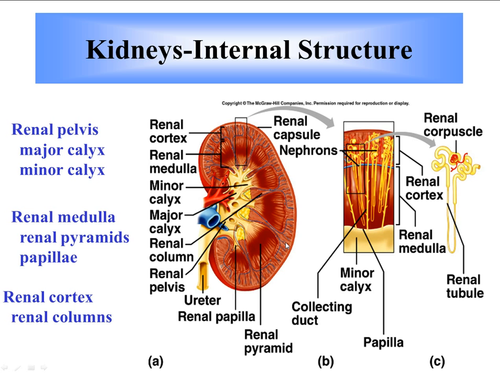Now the cortex, the renal cortex, will dip in between the pyramids here, and this area in between the pyramids is known as a renal column. Okay, so the cortex and then the renal column.